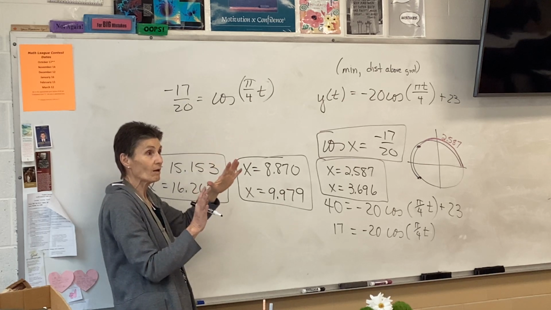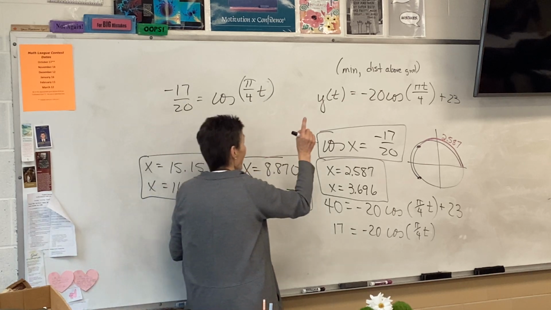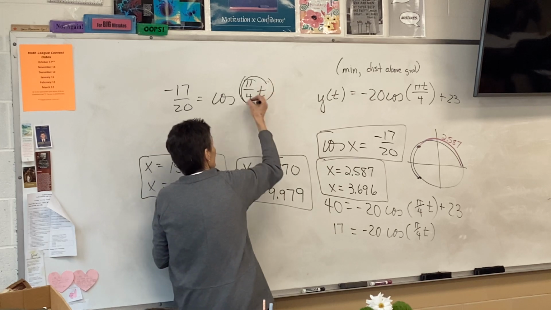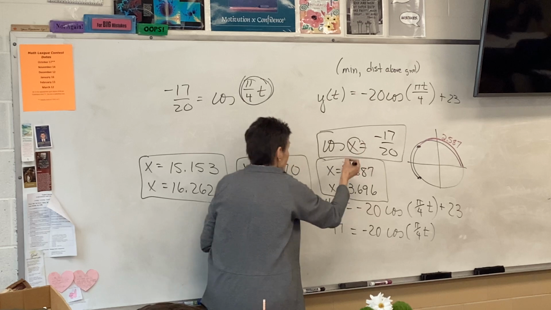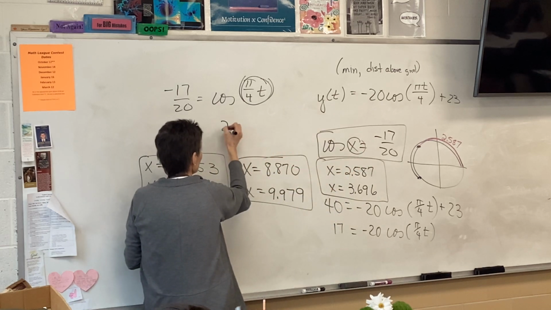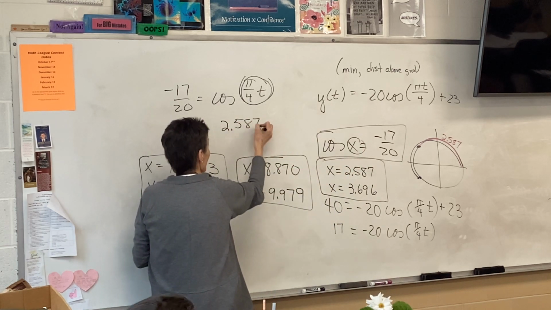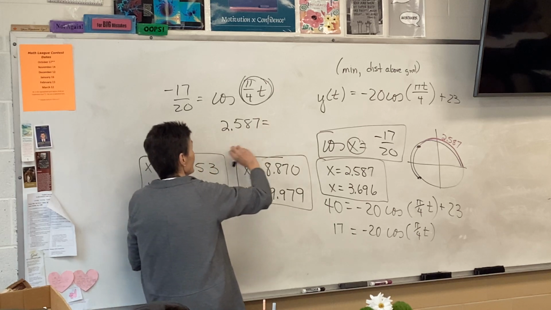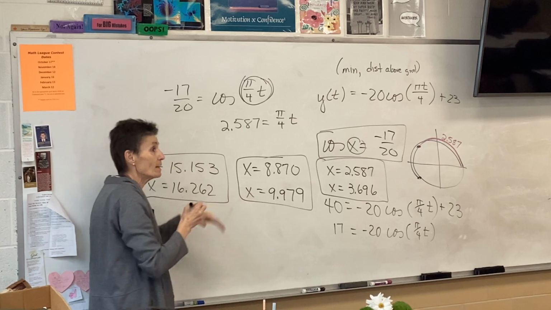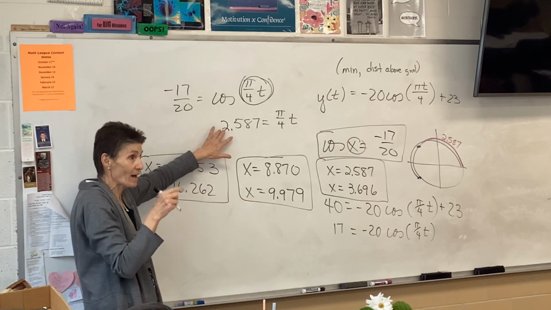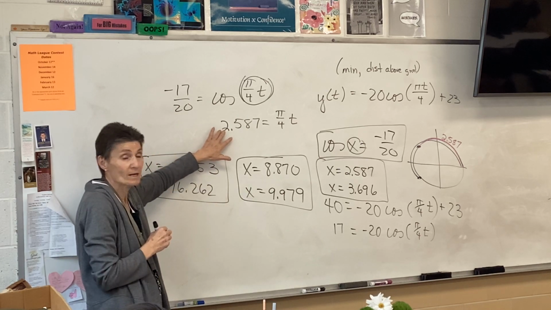But don't worry, we can salvage it. Because I let this be x. So now I'll take my 2.587 and set it equal to pi over 4t. And that's going to give me the t value for my actual equation.